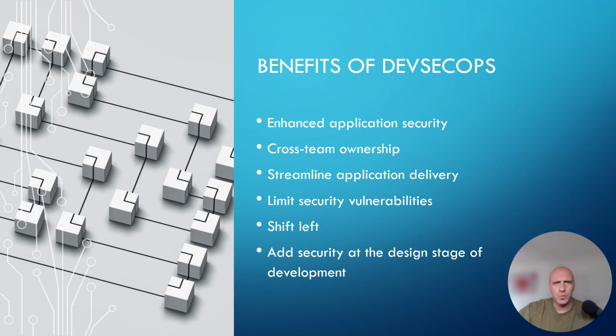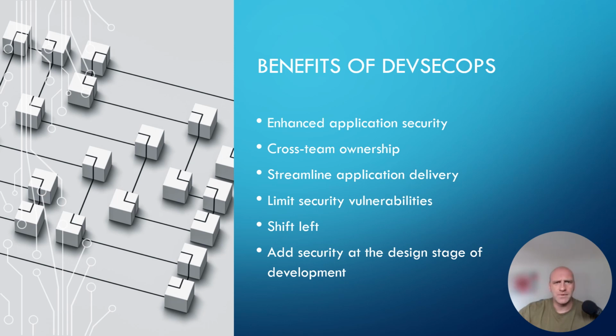DevOps teams will review, audit, test, scan, and debug code at various stages of the development process to ensure the application is passing critical security checkpoints. When security vulnerabilities are exposed, application security and development teams will work collaboratively on solutions at the code level to address the problem.